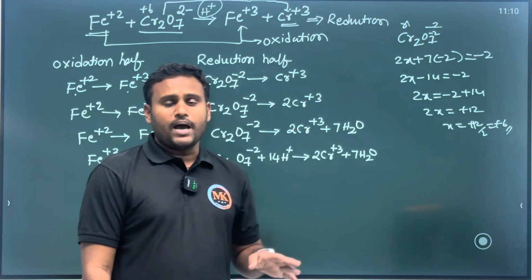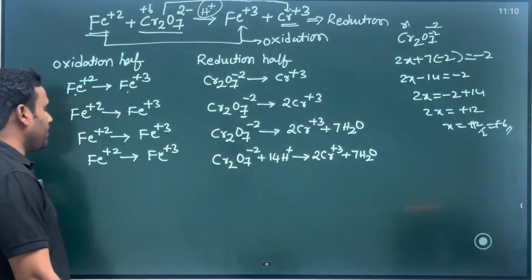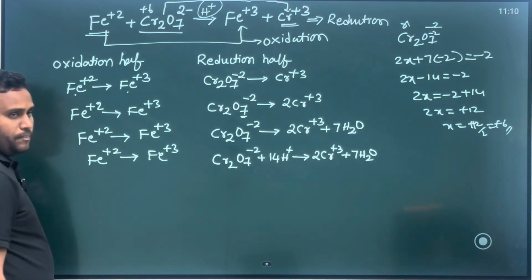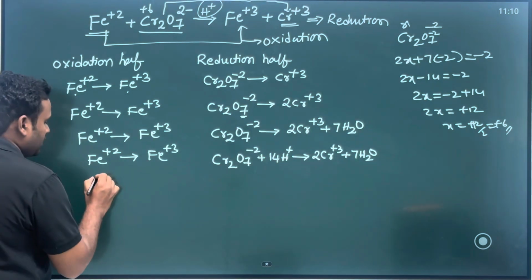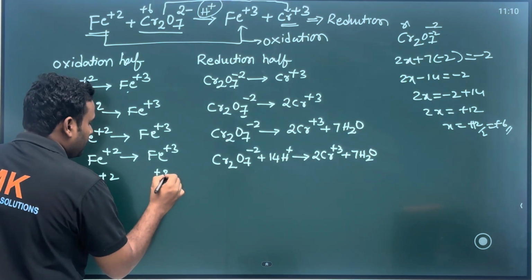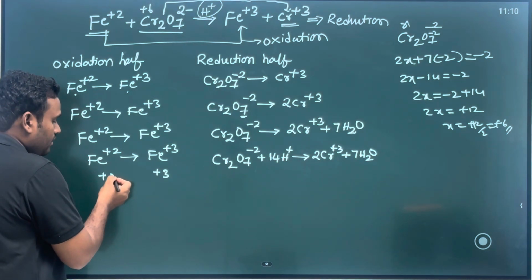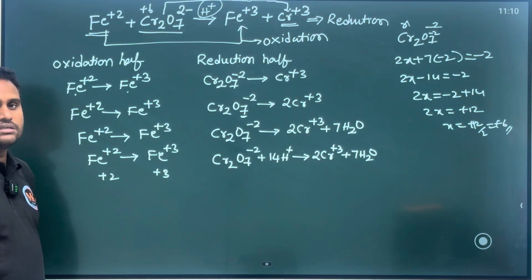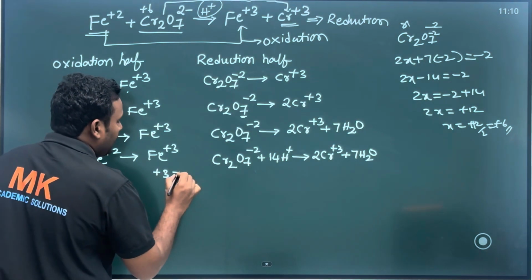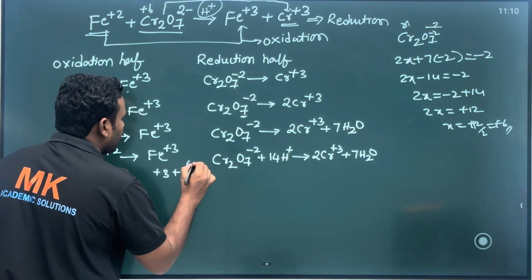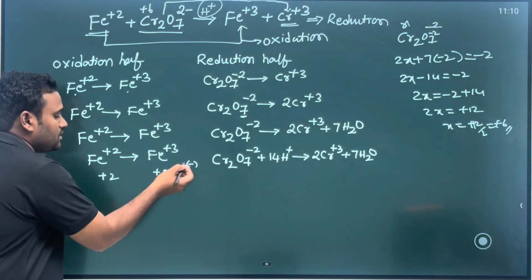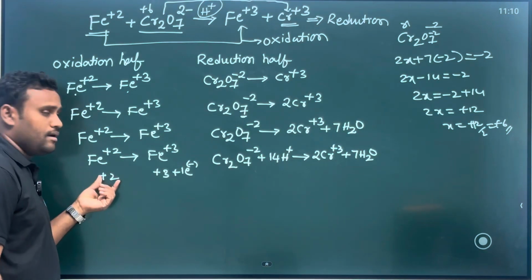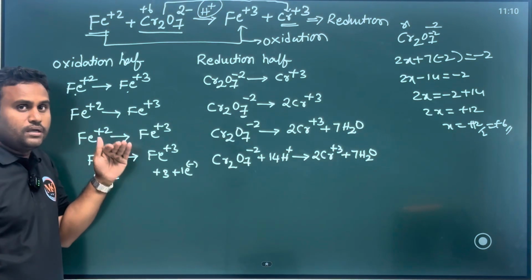Next step is to balance the charges. See here, children, plus 2 is there, 1 into plus 2 is plus 2, and here 1 into plus 3 is plus 3. So here we cannot increase the positive charge, but we can decrease the positive charge.